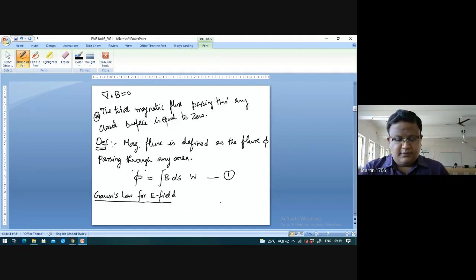The total flux passing through any closed area is equal to the charge enclosed. This is the one we already studied.